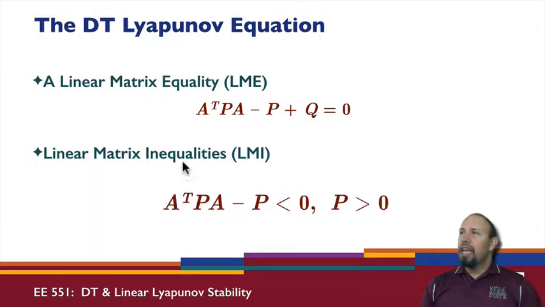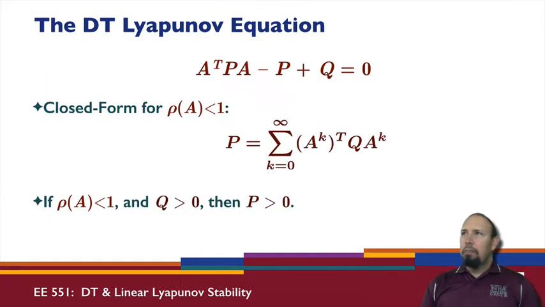Now, it turns out that if our system is indeed stable, then our Lyapunov equation has a closed form solution. So for a given Q matrix, I can solve it this way. P is equal to this infinite summation from 0. It's like, whoa, where did that come from? That's crazy.